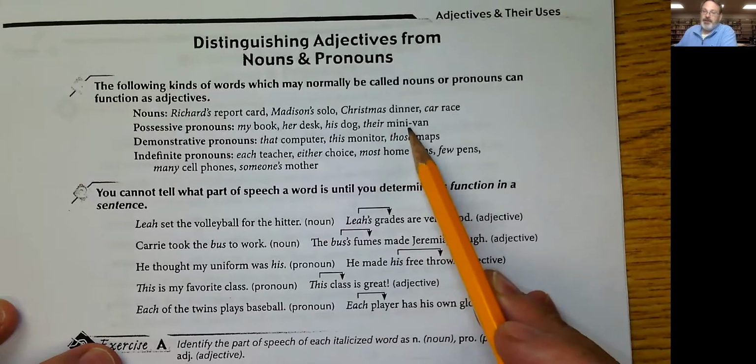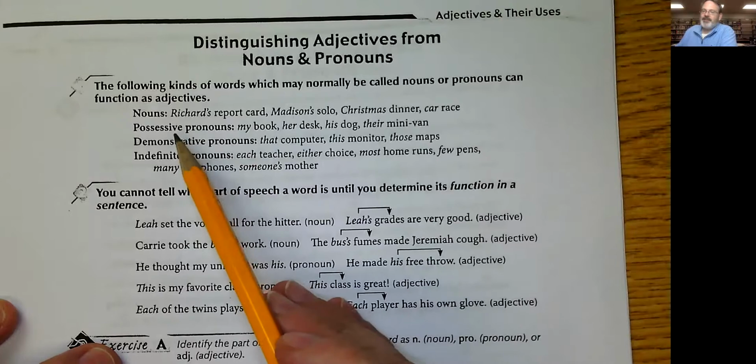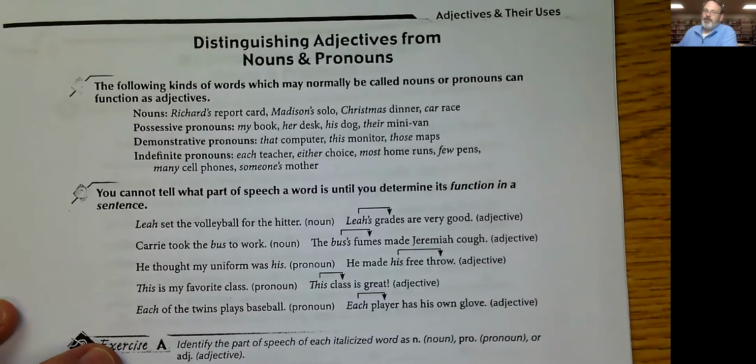Their minivan. Whose minivan? Their minivan. Remember that adjectives answer the questions: which one, what kind, how many, how much, and whose. And when you're dealing with whose, you're usually dealing with possessive words, possessive nouns functioning as adjectives.